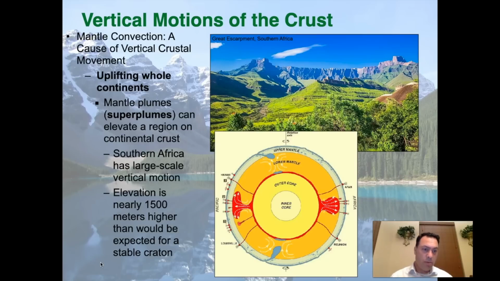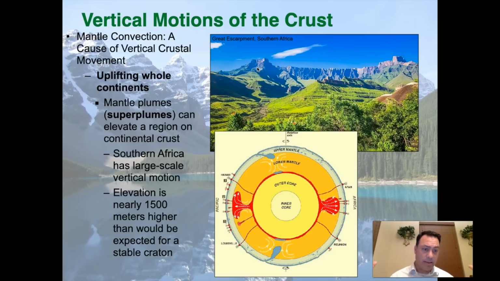One other issue that we need to bring up, since we're bringing up the mantle, is raising the edges of these cratons up where ordinarily you wouldn't have a mountain. So for example, southern Africa, especially South Africa, and this is the escarpment in southern Africa that we see here, is way too high to be explained through any type of collision or rifting.